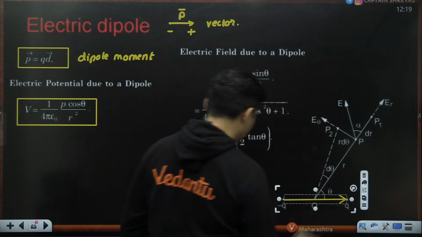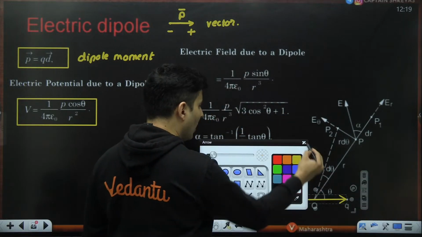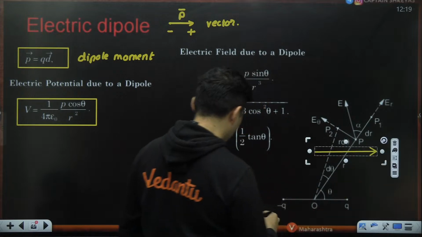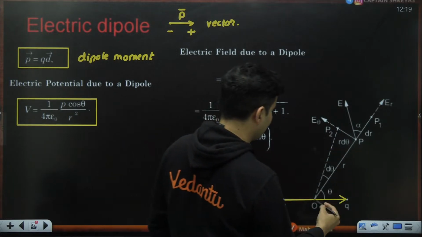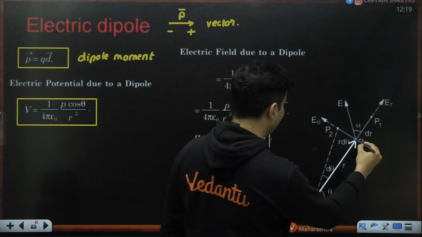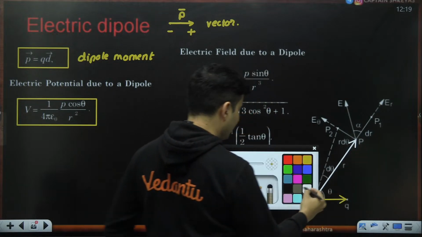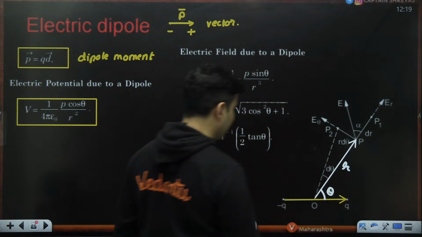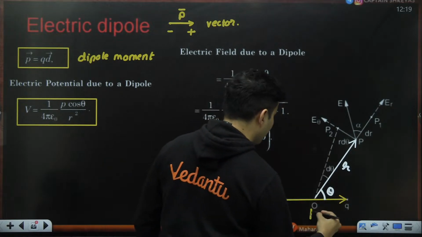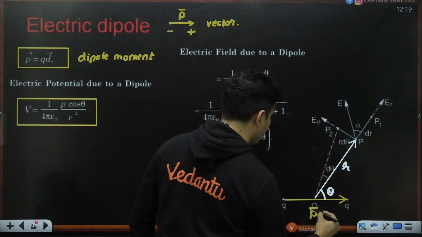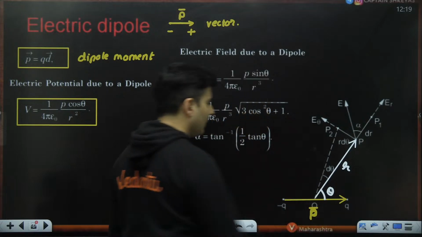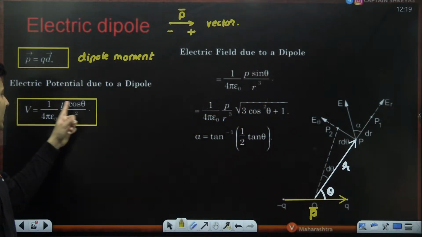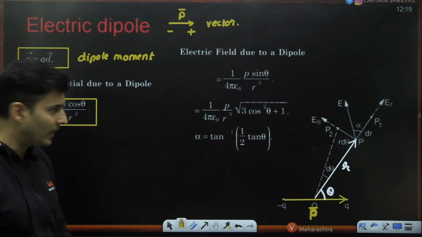Your dipole is here, whereas where you are standing might be somewhere else, maybe over here. So that is the distance at which you are standing and you are making an angle of theta. When you are standing there, how much electric potential is there? That is given by k p cos theta by r square.